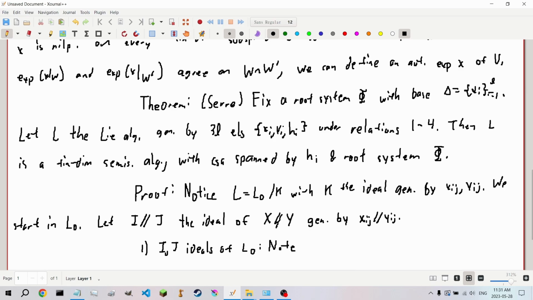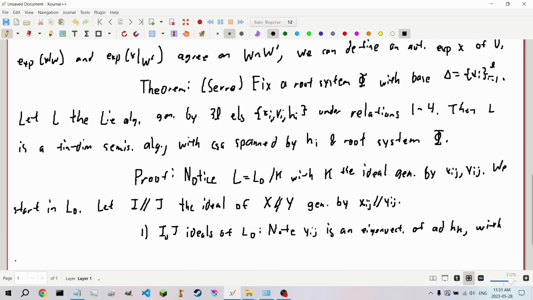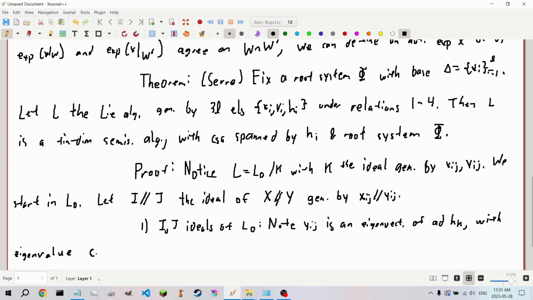Note that yij is an eigenvector of the adjoint of hk with eigenvalue cjk plus (cji minus 1) times cik.